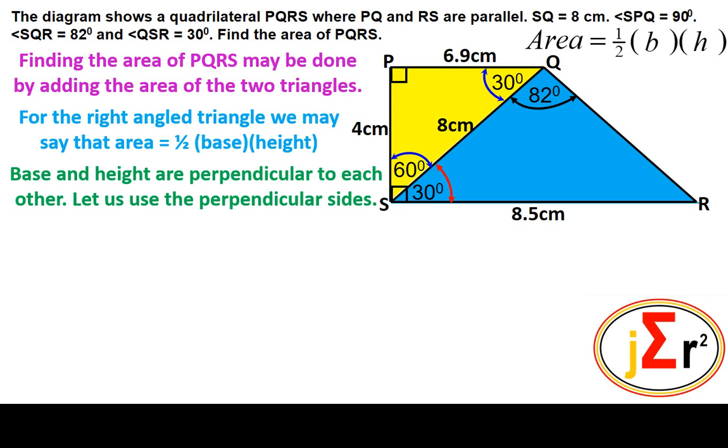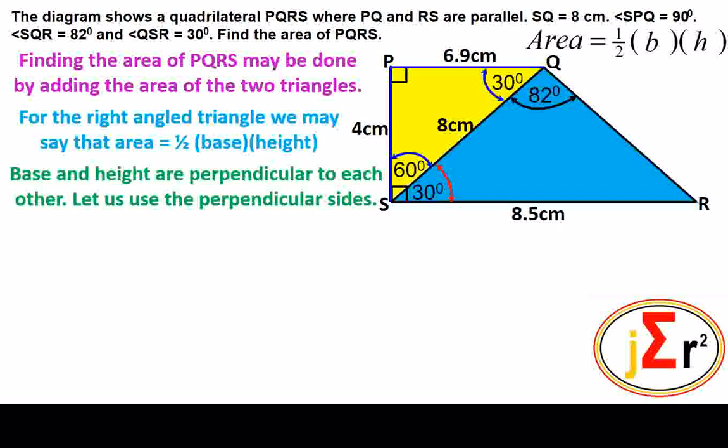Therefore, we will use the two perpendicular sides. The two perpendicular sides are 6.9 centimeters and 4 centimeters. We are in no doubt that those are the two perpendicular sides. The other side is going to be the hypotenuse that we know is not perpendicular to any of the sides.